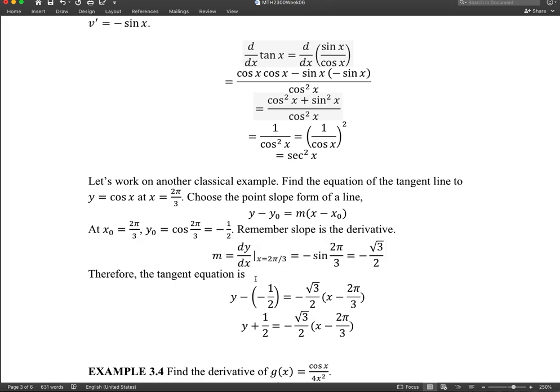And therefore, the equation of the tangent line is y minus y naught, y minus negative 1/2, equals the slope right here times x minus x naught. And also in this case, if you want, you can consider the slope-intercept form.